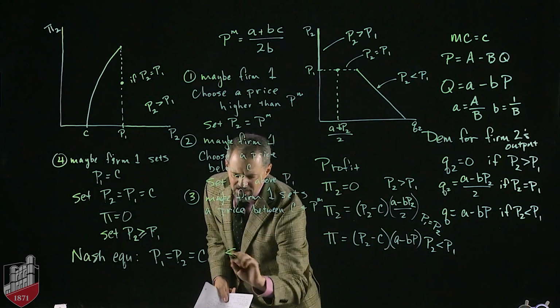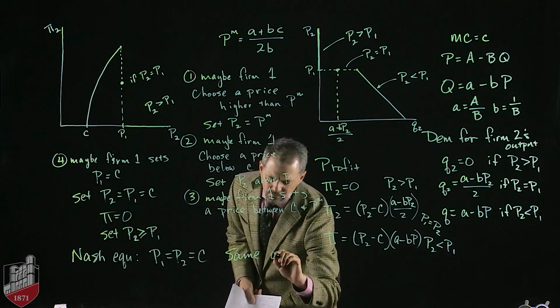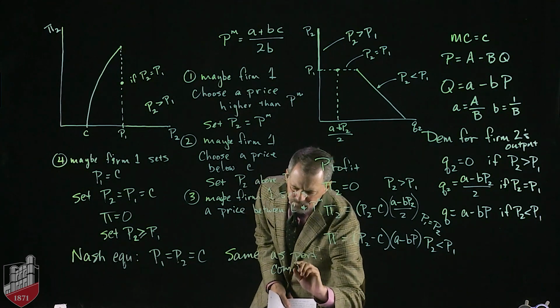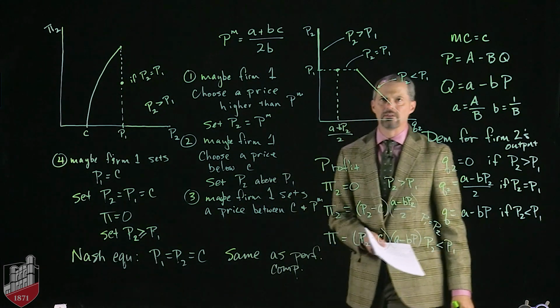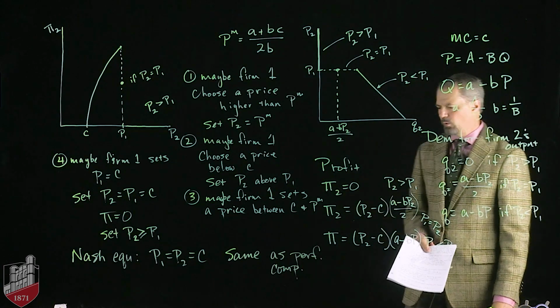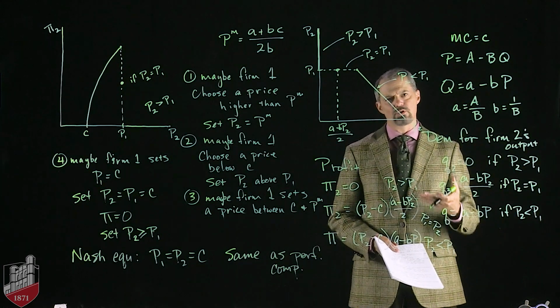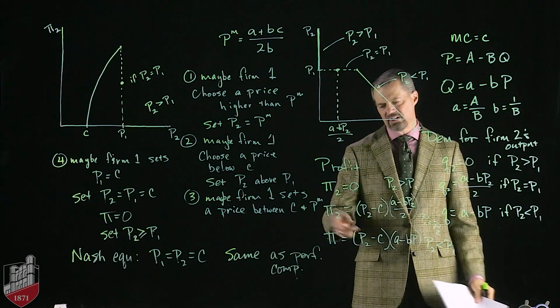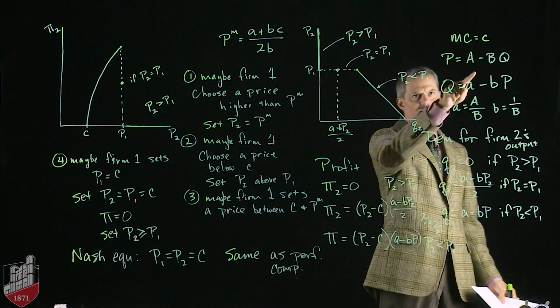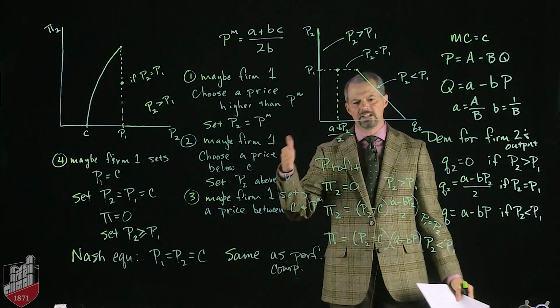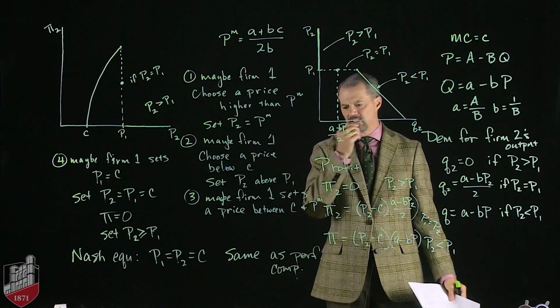It's the exact same as perfect competition. So if you were solving for, say, the equilibrium price with a Bertrand situation, then you just set price equal to marginal cost and solve for Q. That's your total market quantity. Each firm would have half of that.